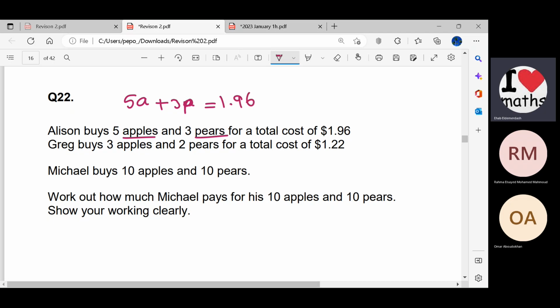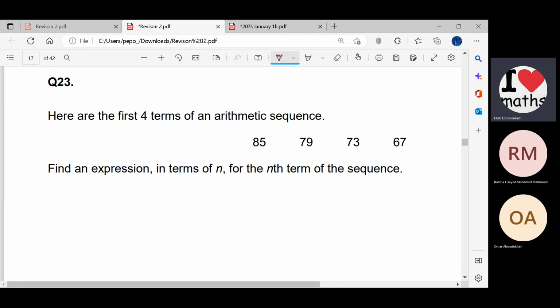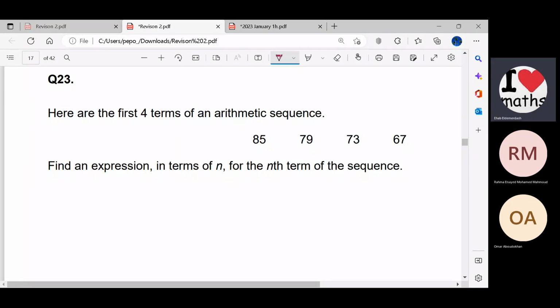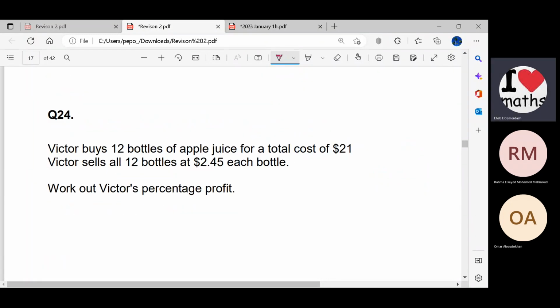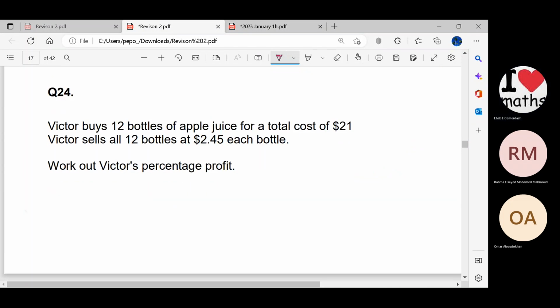On the other hand, 3 apples plus 2 pears has a total cost of 1.20. So I have the two equations and you can solve them normally.